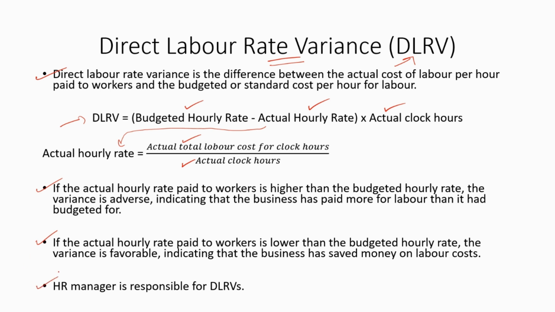The HR manager is responsible for direct labor rate variance because the salaries and wages of the employees are negotiated by the HR department, and the HR manager is responsible for the HR department.